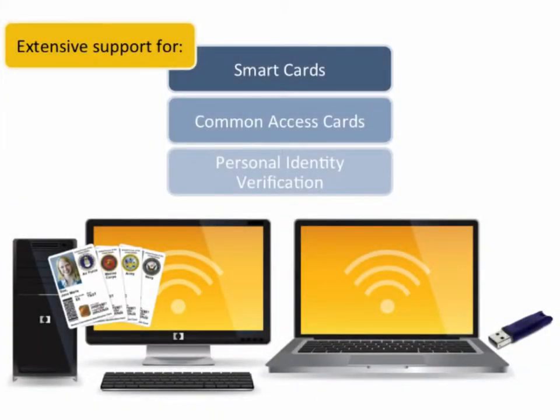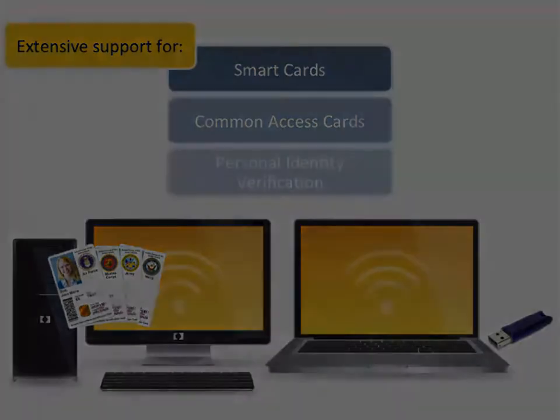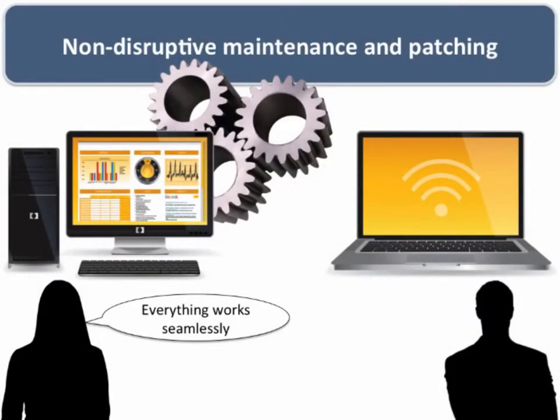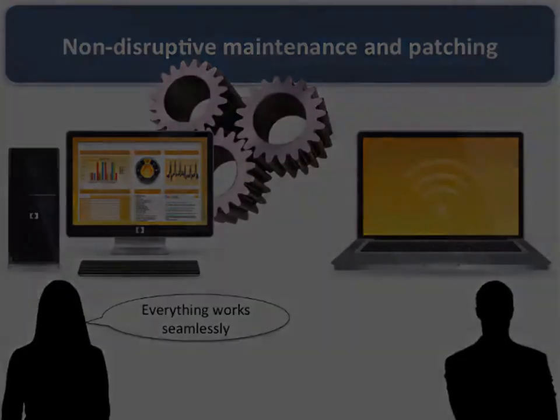Symantec Endpoint Encryption 11 offers extensive support for smart cards, common access cards, and personal identity verification for two-factor authentication requirements. Maintenance of the clients and patching or upgrading to newer versions is non-disruptive and easy to accomplish.